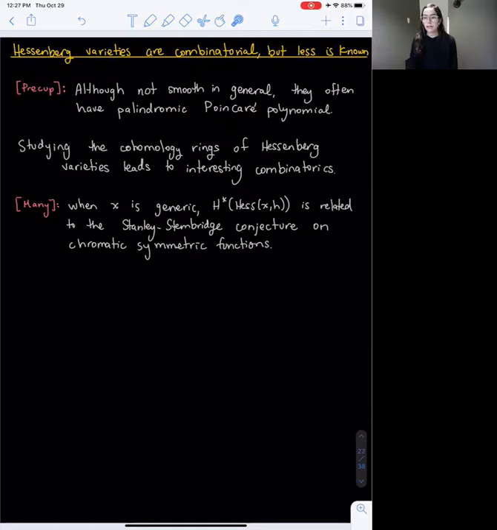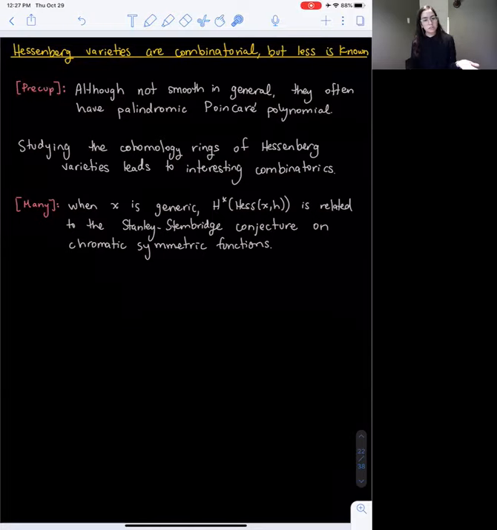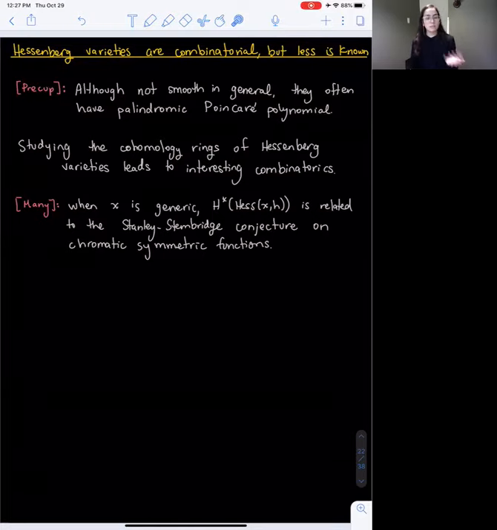There's this big area of research that is interested in understanding the cohomology rings of Hessenberg varieties. One of the motivations to do so is that many authors worked on this, including my co-authors Martha and John: when you pick a generic element of your Lie algebra, the cohomology ring of your Hessenberg variety is related to the Stanley-Stembridge conjecture on chromatic symmetric functions.